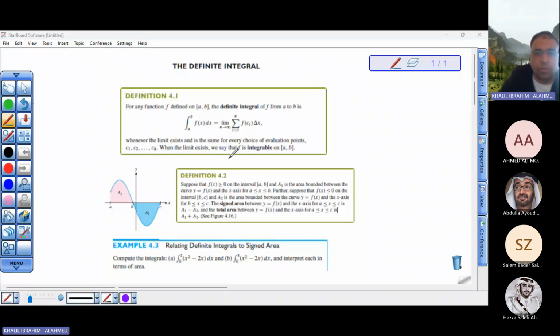When the limit exists, we say that f is integrable on the interval from a to b. Okay, good.